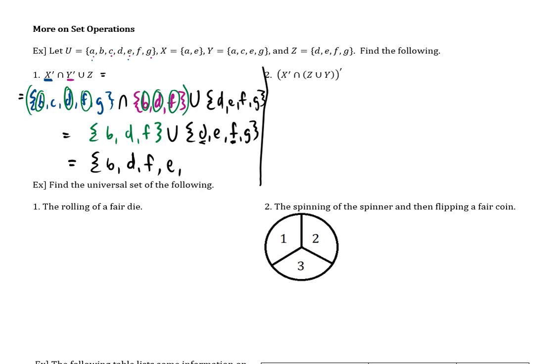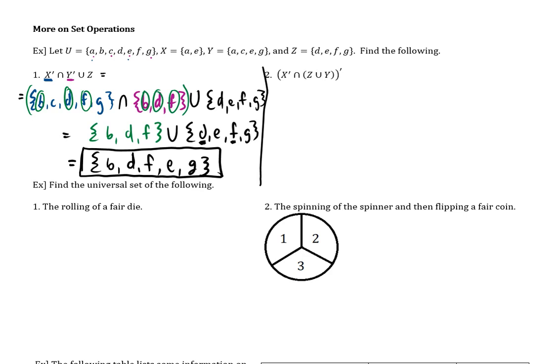F I already have written, so I'm underlining the ones that I already have. And G I don't have written, so let's write it down. There we go: B, D, F, E, G. At this point, you could rearrange the letters in alphabetical order, but it's not necessary. Since I'm out of room, I'm going to box that and say that's good.